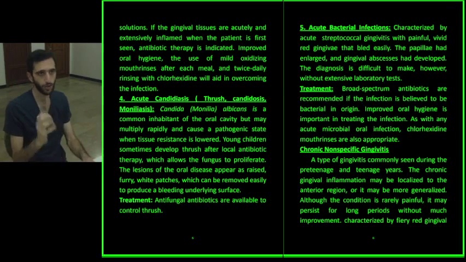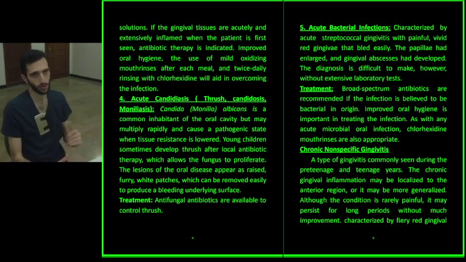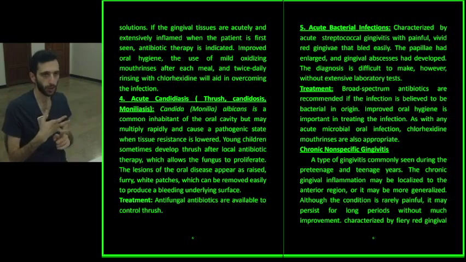If the gingival tissues are acutely and extensively inflamed when the patient is first seen, antibiotic therapy is indicated. Improved oral hygiene and the use of mild oxidizing mouth rinses after each meal and twice daily are advised. Rinsing with chlorhexidine will aid in overcoming the infection.